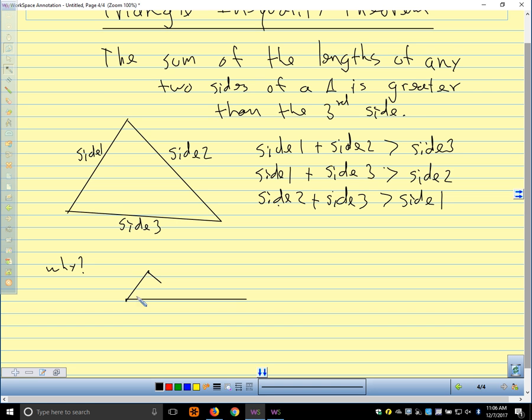They can't connect up to the end of this side. There's no way we can make a triangle by connecting to that point. These are too short. We could try to put it on the other side, put one here, and put one here. They're too short to connect. They're not long enough to reach each other. So here those sides are too short.